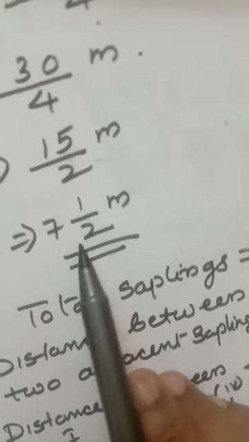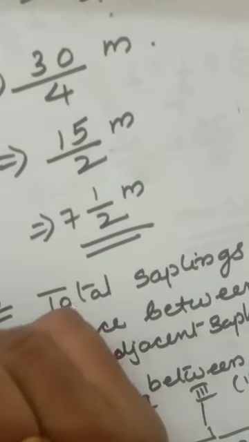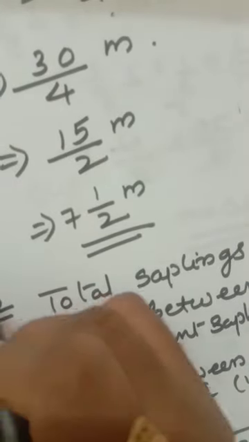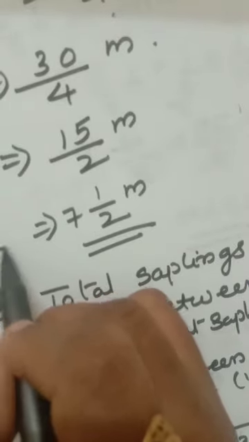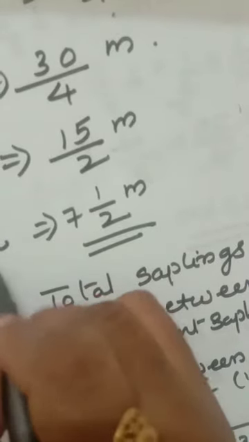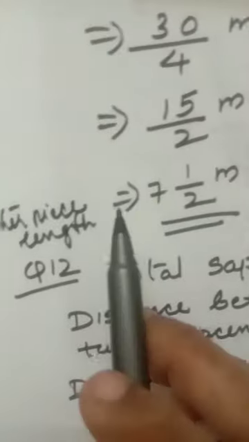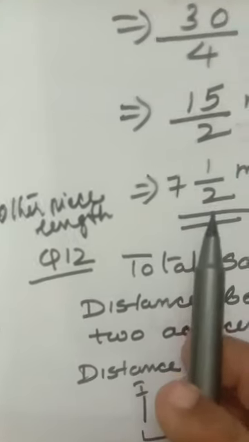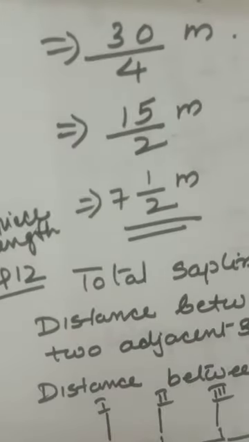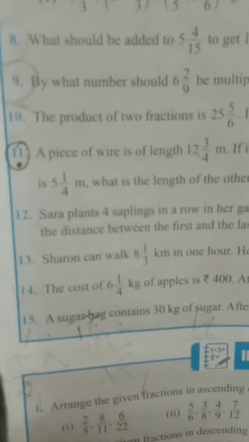Then other piece length is equal to 7 and 1/2 meter.